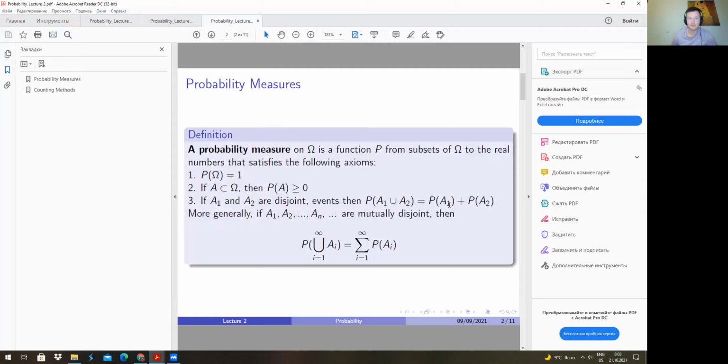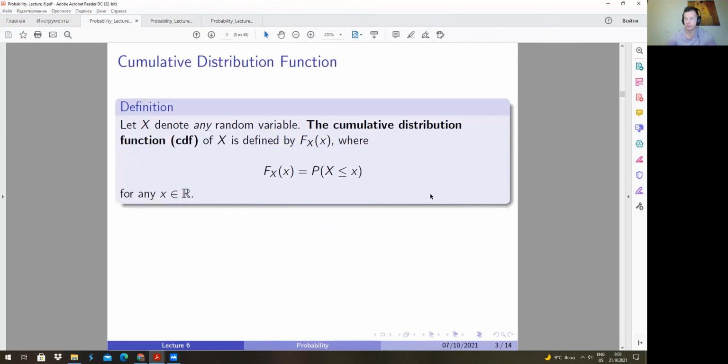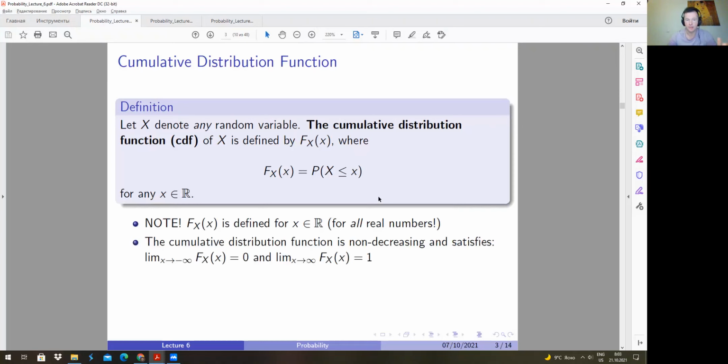That's why we don't first use something similar to a probability mass function for continuous random variables. We start with these inequalities. So it's appropriate to measure the probability that our continuous random variable is going to be in the interval from minus infinity to small x. So it must be defined for all real numbers.